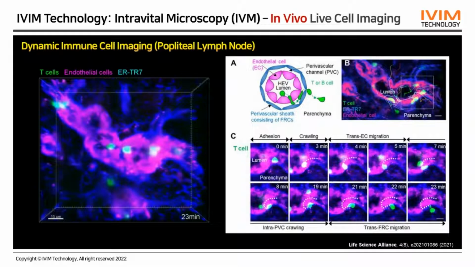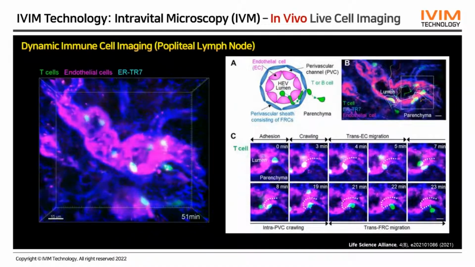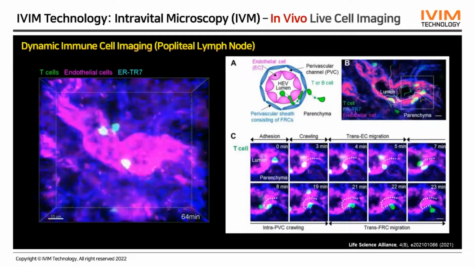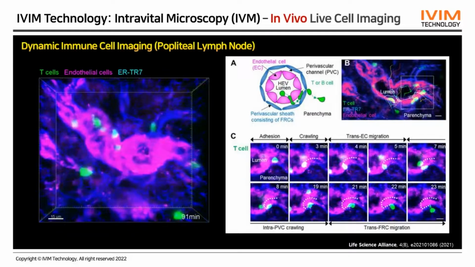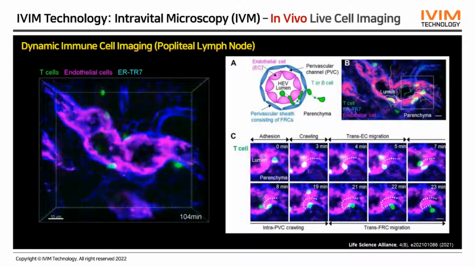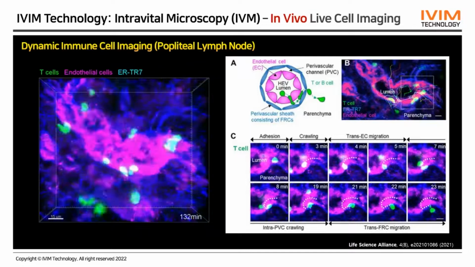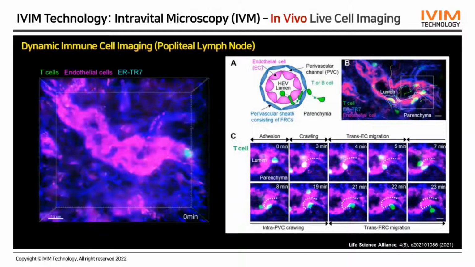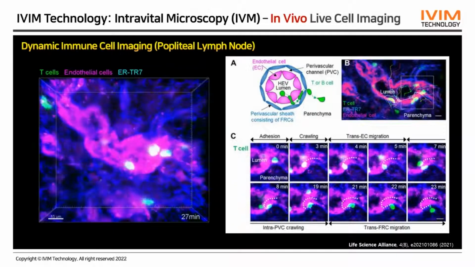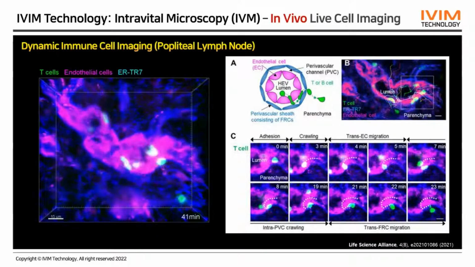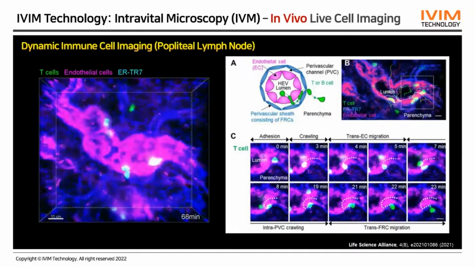Results clearly show the multiple steps of T-cell migration across the HEV, which is composed of endothelial cells and FRCs, through the perivascular channel. Firstly, T-cell adhesion to the endothelial cell and intraluminal crawling, trans-EC migration, intra-PVC crawling, and trans-FRC migration, then finally arriving at the lymph node parenchyma.